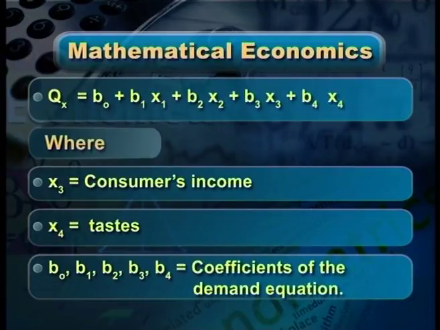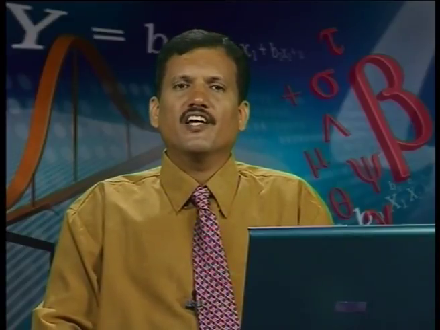These are unknowns. We have to find out these values with the help of an econometric model. Now, we have seen first economic theory, then we have transformed this economic theory into mathematical economics.